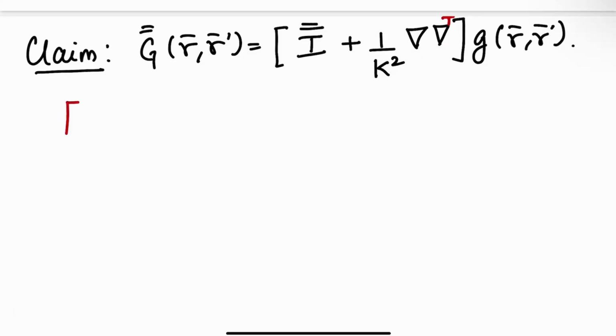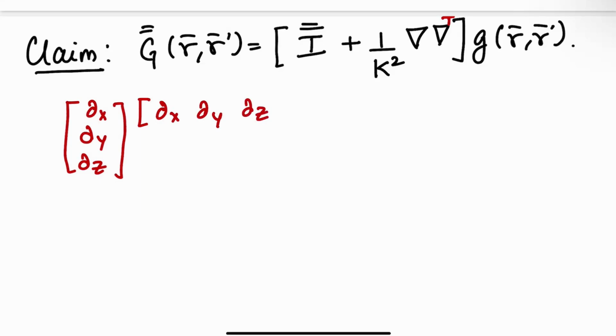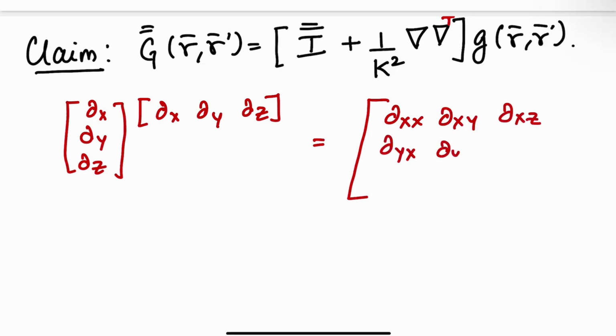So what is the del vector? It's d/dx, d/dy, d/dz. And then the del transpose is d/dx, d/dy, d/dz. This is in Cartesian coordinates. You can do it in other coordinates as well. So what does this give you? This gives you the Jacobian-like matrix: xx, xy, xz, yx, yy, yz, zx, zy, and zz.